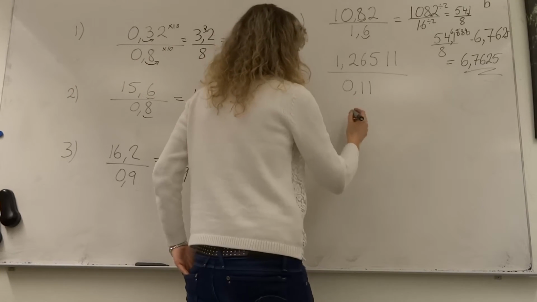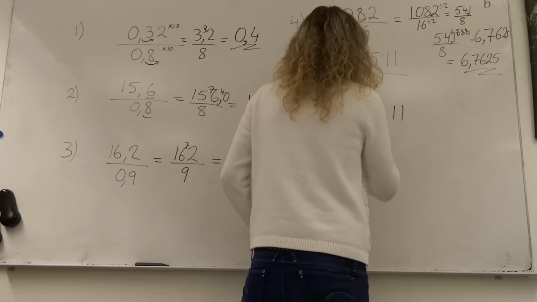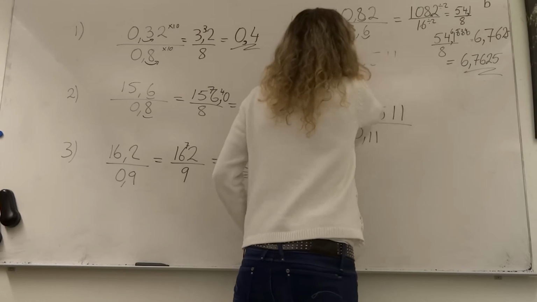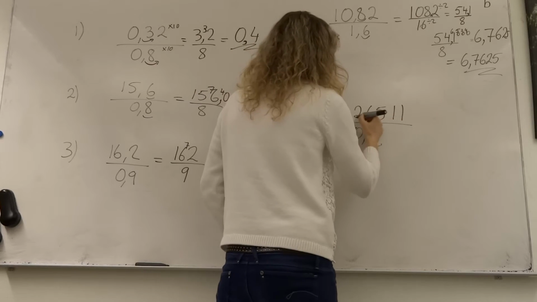Last one, move it down here: 1.26511 divided by 0.11. Move the decimal point 2 places on both of them.